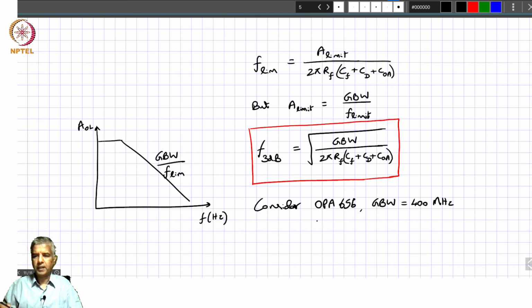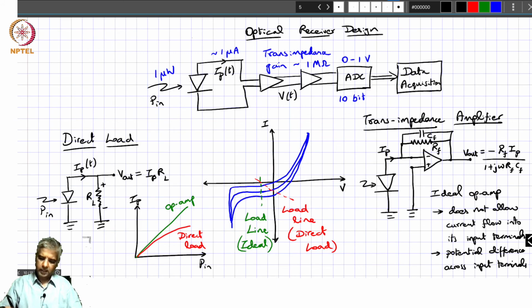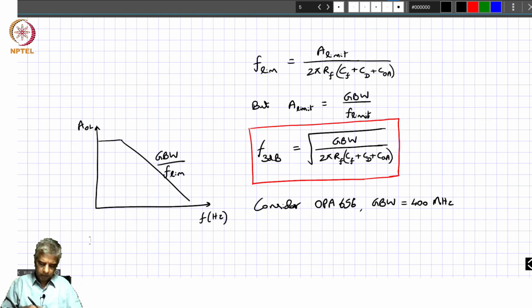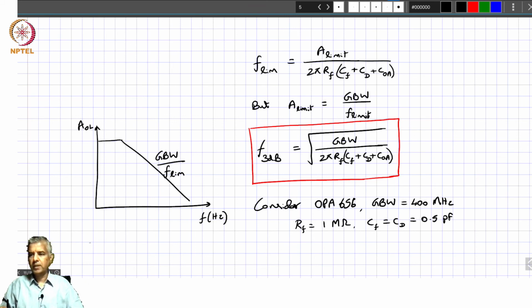If we pick, like our example over here, we want a transimpedance gain of 1 megohm. So let's say RF is 1 megohm, okay, and CF equal to CD equals, let's say, 0.5 picofarad, okay.